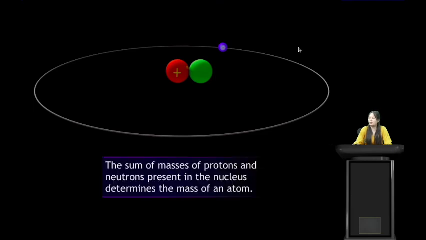Now, the sum of the masses of the protons and neutrons present in the nucleus determines the mass of an atom.